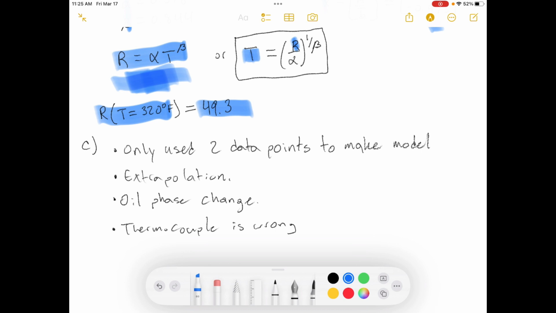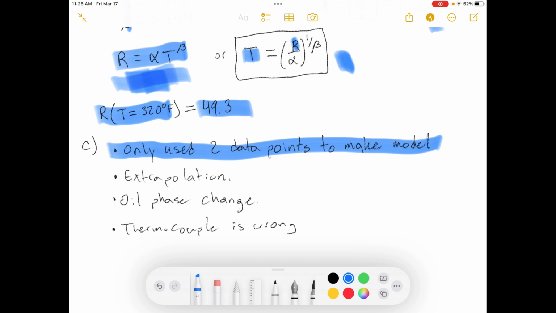Okay. One possible explanation is that we only used 2 data points to make our model, so maybe this relationship is not actually that good. Maybe we need more data that cover the whole range so that we can get a better fit.